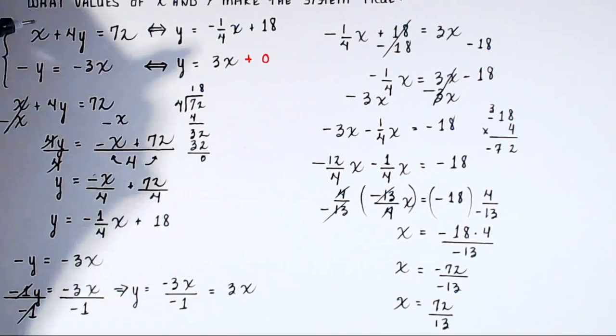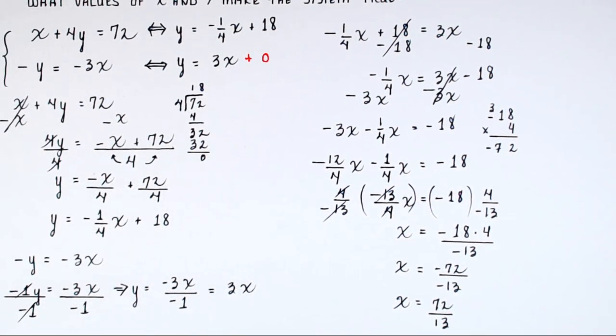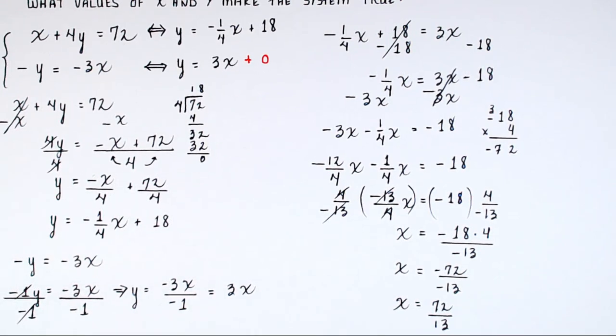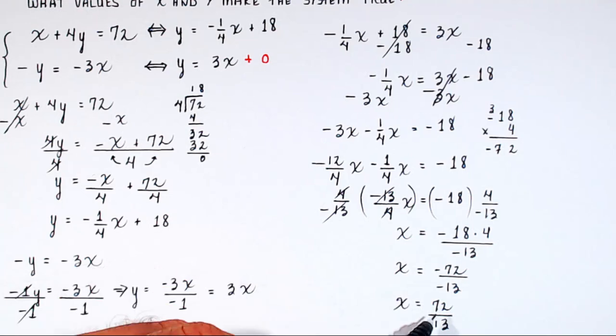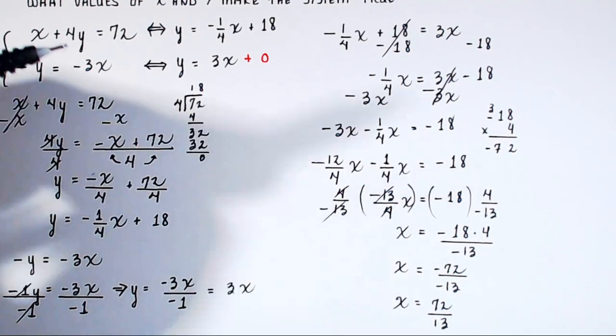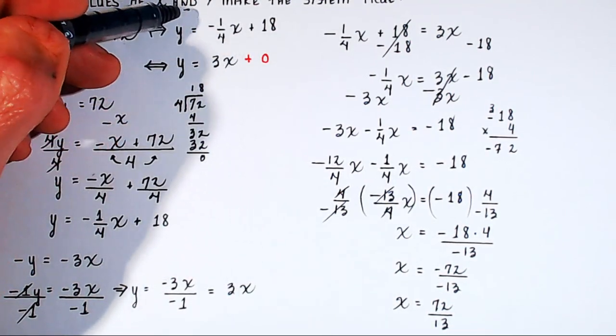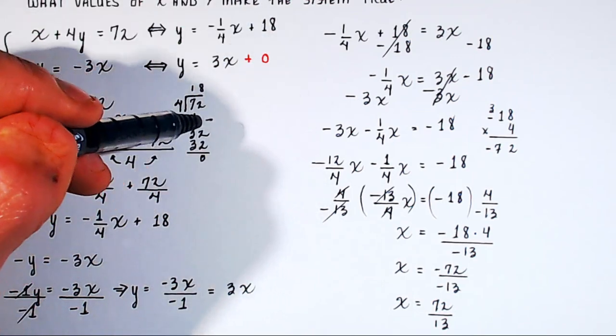All right, in order to find the corresponding y value, all I need to do is plug this x value back in to one of my equations, and that's substitution. Okay, so I'll plug this x value, 72/13, back into one of my equations, and it doesn't matter which one.